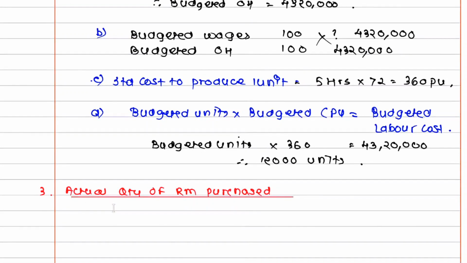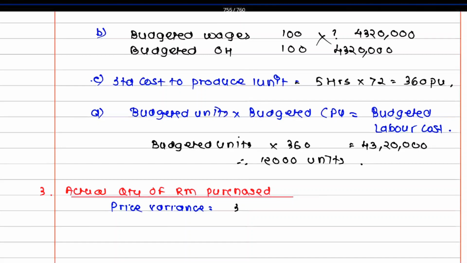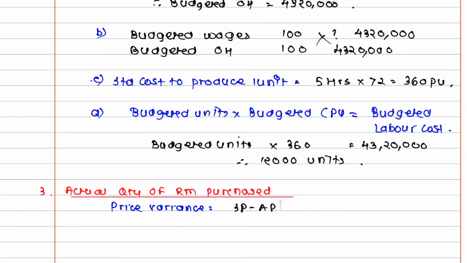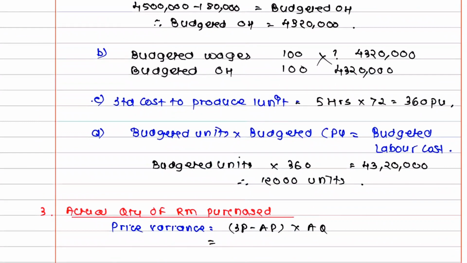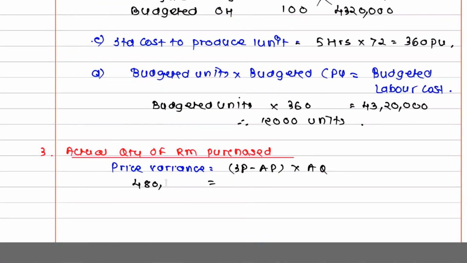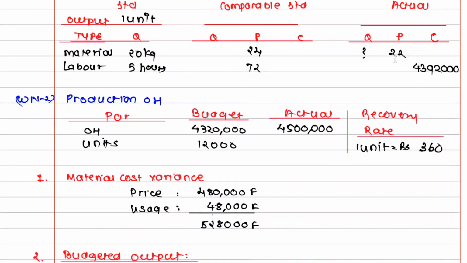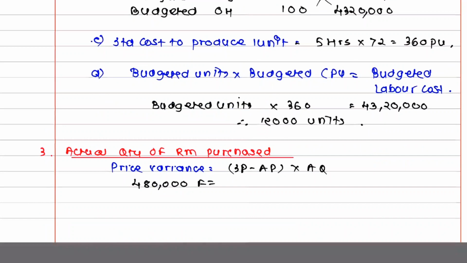I can say price variance is equal to standard price minus actual price, and how many units you bought, the actual quantity. So I know the final answer of this. Price variance is 4,80,000, that was given in the question also. And it is favorable, so it will be a positive value. I know the standard price is 24 and the actual is 22, and I just need to get this actual quantity.